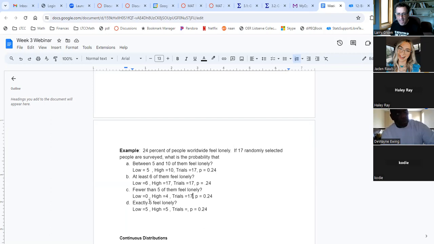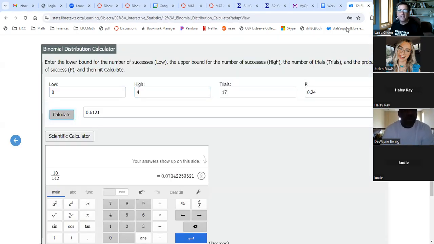And then exactly 5. If you want exactly 5, what's the lowest number that could be exactly 5? Should be really obvious: 5. What's the highest number that can be exactly 5? Also obvious: 5. So that's going to be low as 5, high as 5. Trials is still 17 and P is 0.24.